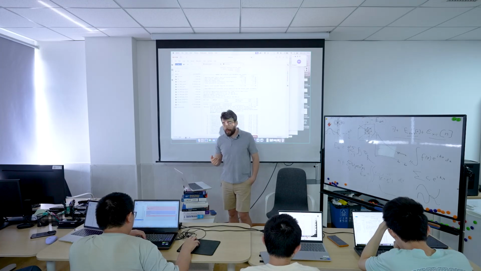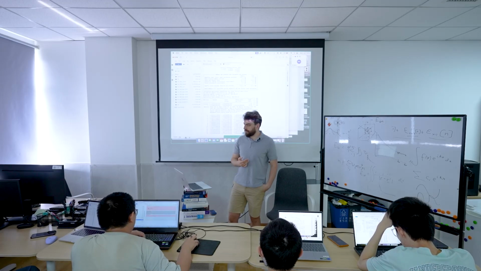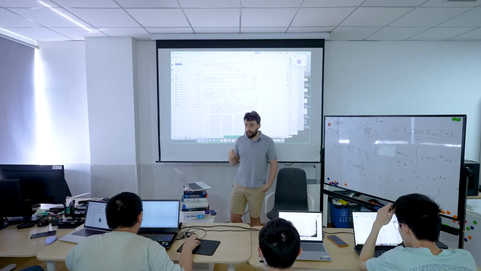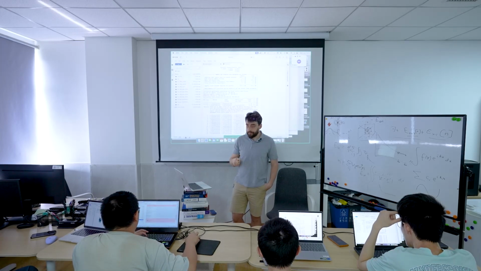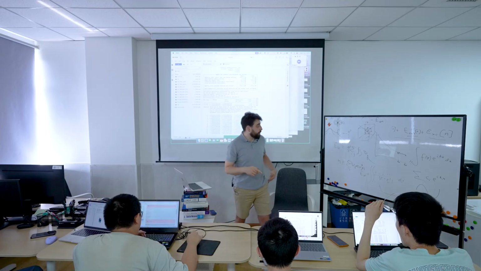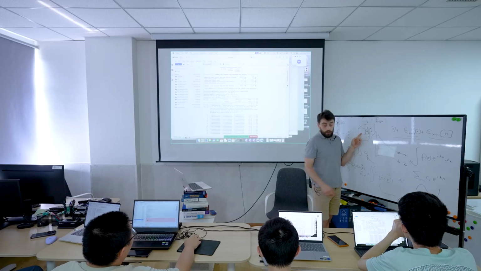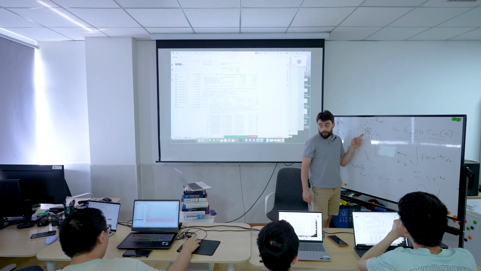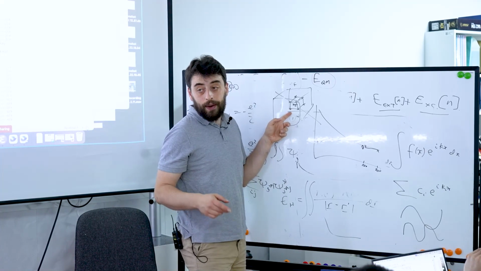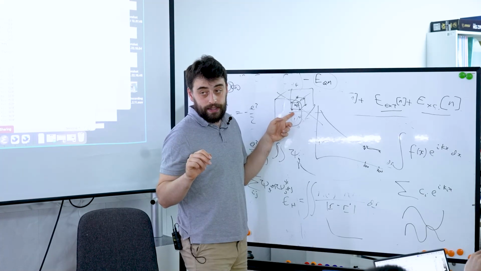Bands are, I think we said this on Monday, but if I didn't, bands are just the allowed regions of energy in our Brillouin zone. If we go to a K-point in the Brillouin zone and solve the Kohn-Sham equations at that K-point, our eigenvalues are the energies of our bands at that point.